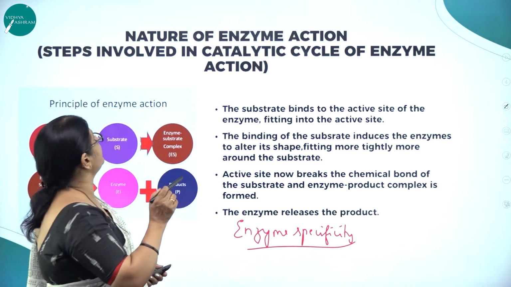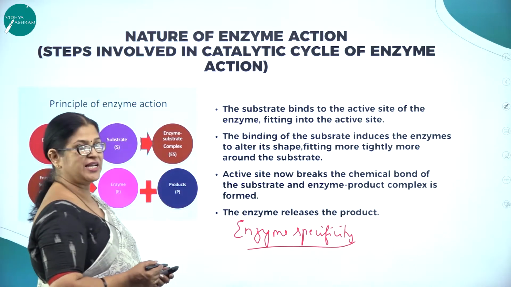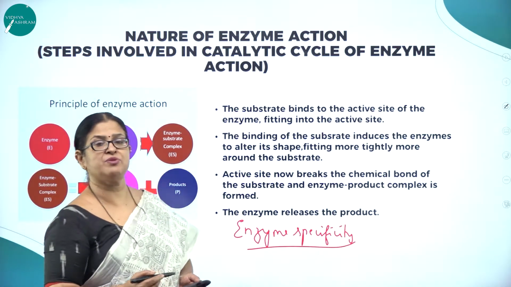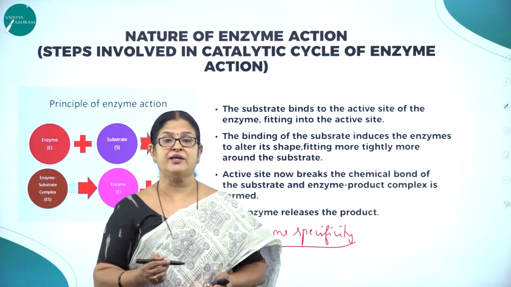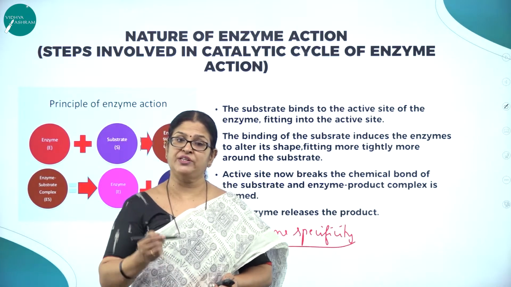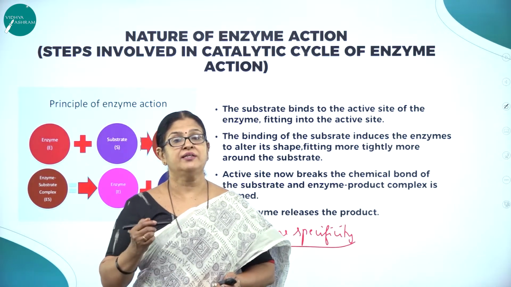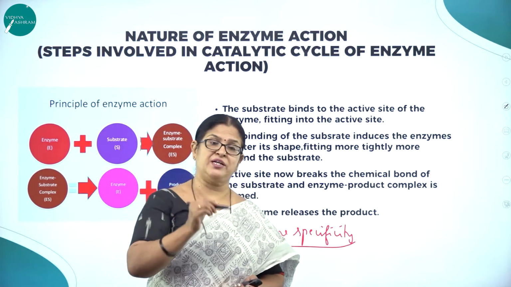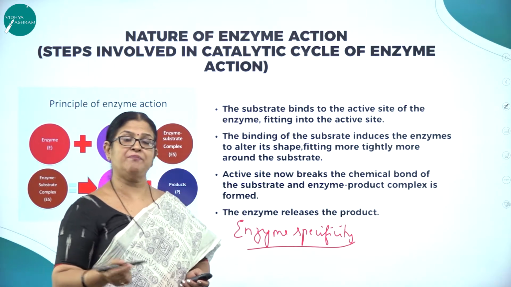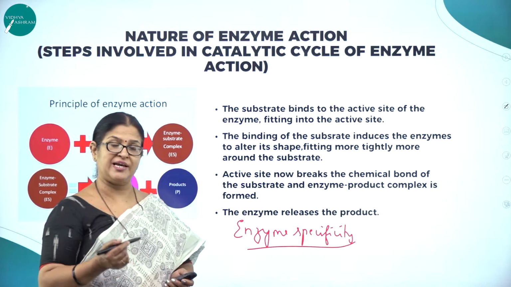So what is the nature of enzyme action? Steps involved in the catalytic cycle of enzyme action. I think all of us know enzymes will not be always in an activated state. So only when their function is needed or when their job is needed, then only the enzymes are activated, and there are certain activators in the body which are going to activate those particular enzymes. For example, all of us know HCl, hydrochloric acid, is produced by the gastric glands.